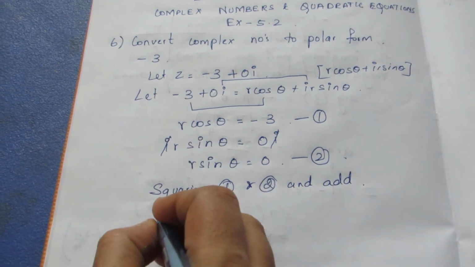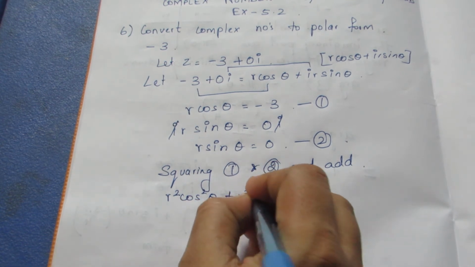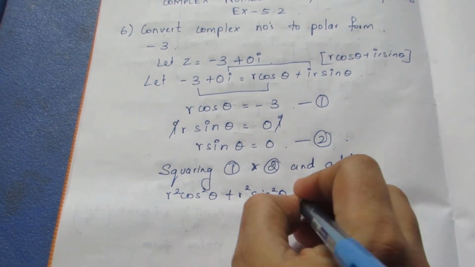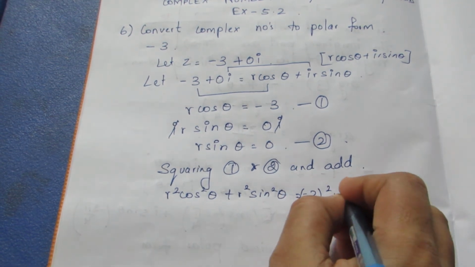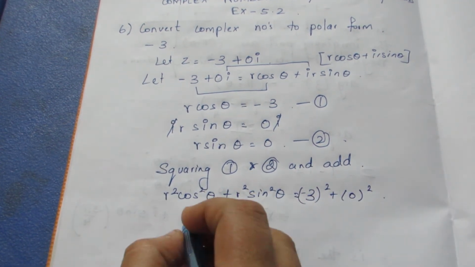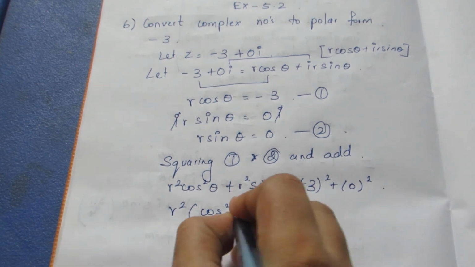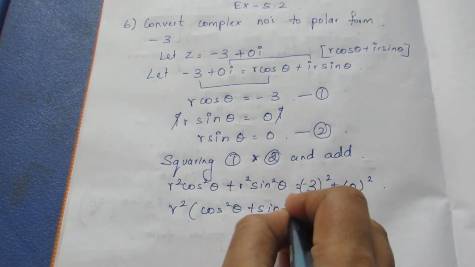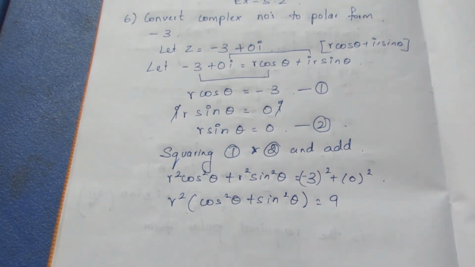If I square, I get r square cos square theta plus r square sin square theta equal to, here if I square -3, the whole square, plus 0 square. If I take r square common outside, I get cos square theta plus sin square theta equal to 3 square, which will become 9, minus becomes plus.